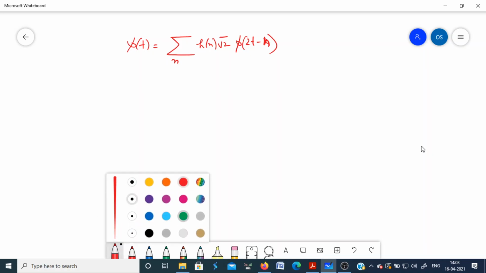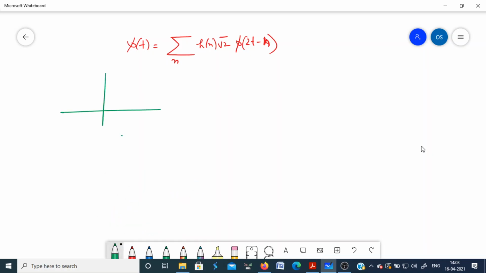So if you take the Haar scaling function phi t, how can I express phi t in terms of phi 2t and phi 2t minus 1?